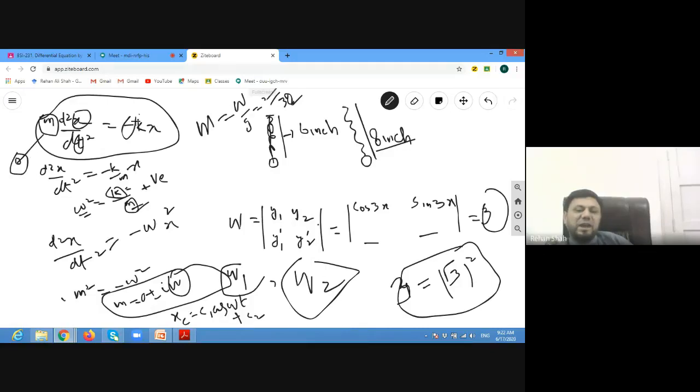Now what is this k? Have you studied Hooke's law? In Hooke's law, f is equal to kx, if you remember.